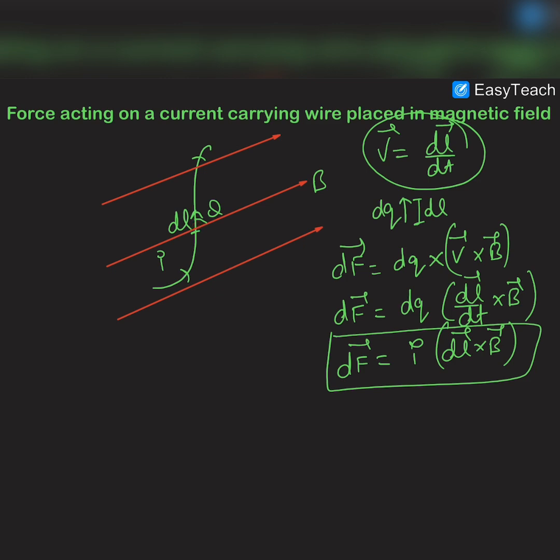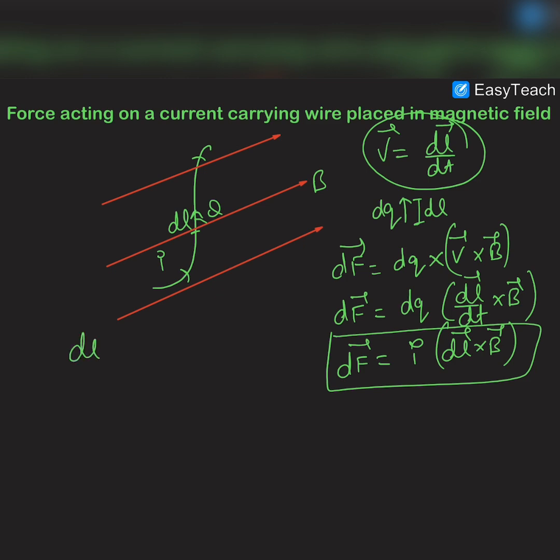Okay, and the direction of this force, first of all let us discuss that this force is governed by the cross product of dl and B. So what is dl?